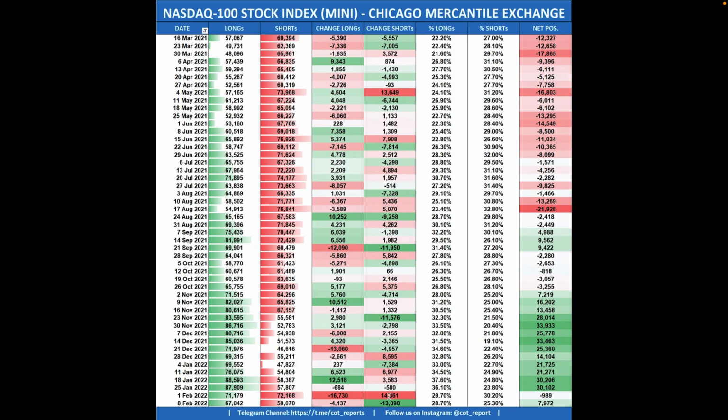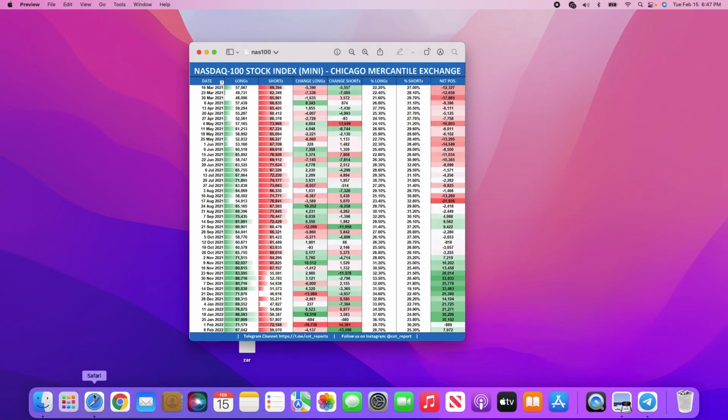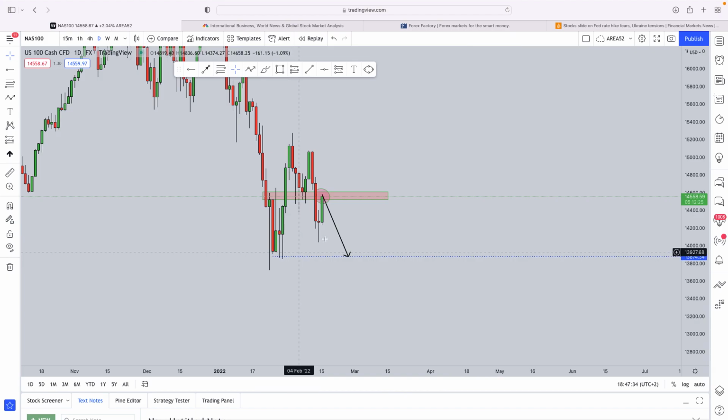Long positions refer to buying positions, and short positions refer to selling. And we can see how the overall net positions increased from minus 989 to 7,972. And we can obviously see this week how that number is pulling through for the Nasdaq.